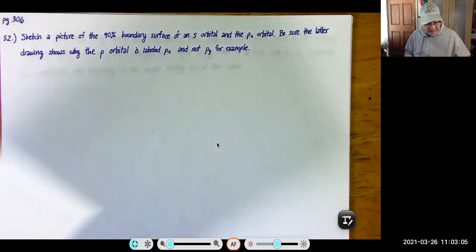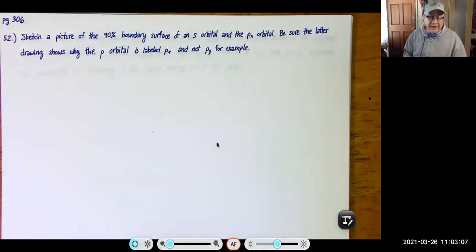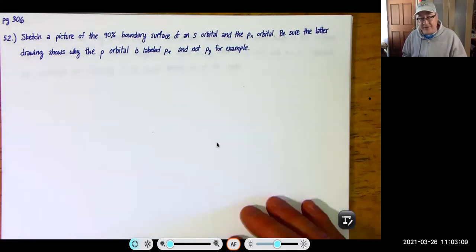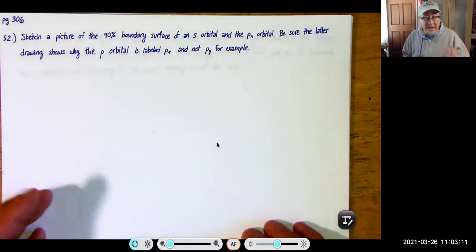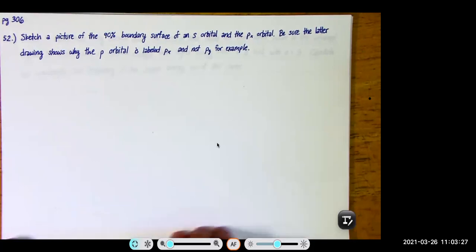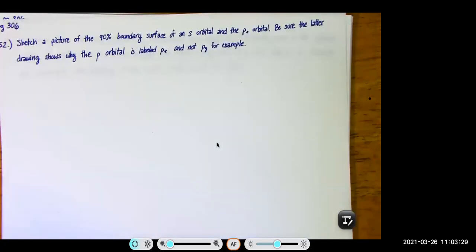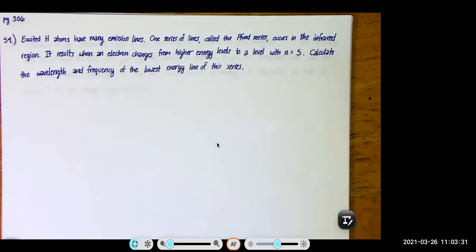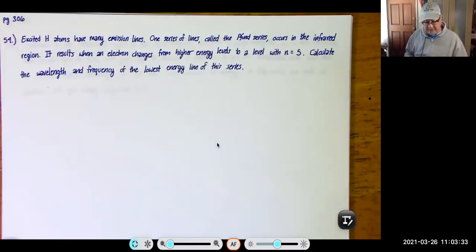They're just trying to say, when we draw these diagrams, they show where you're likely to find the electron 90% of the time. But they also don't give you a distance to go with that, and the distance is really the size of an atom. So basically they just want us to know the shape of each orbital and the orientation of it. Yes, that's correct.